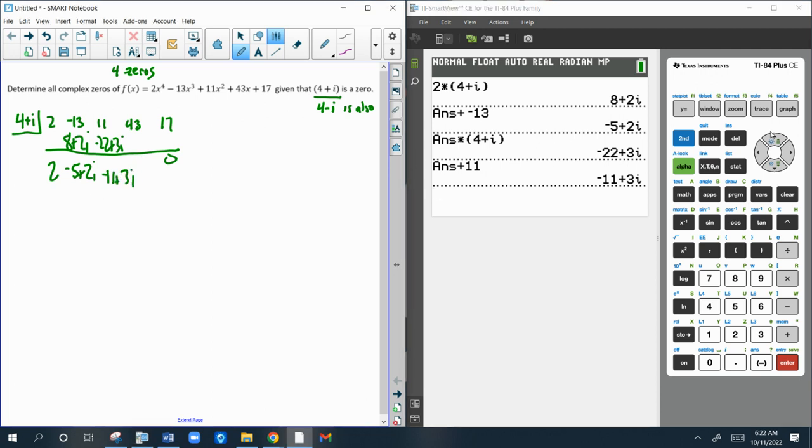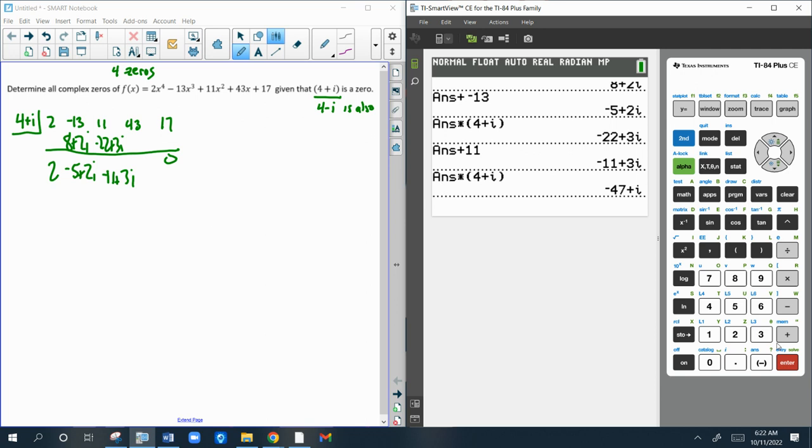But I already have that on my calculator. You can see the answer times 4 plus i. So I'm just going to select that so I don't have to keep typing it. And it's negative 47 plus i. And then add that to 43. That's the next step. Negative 4 plus i.